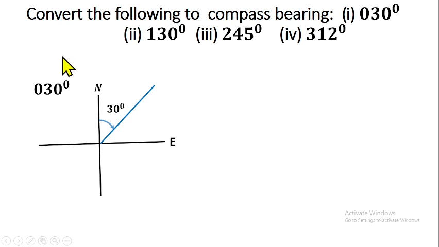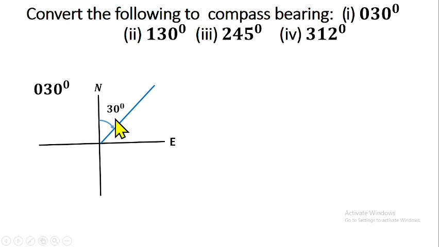Now you are taking it to compass, and in compass we will move from the north to the west, or from the north to the east, or from the south to the east, or south to the west. In this case, we know that this line is here and the angle is here. So we move from the north to the east, because we are finding the angle from here to here.